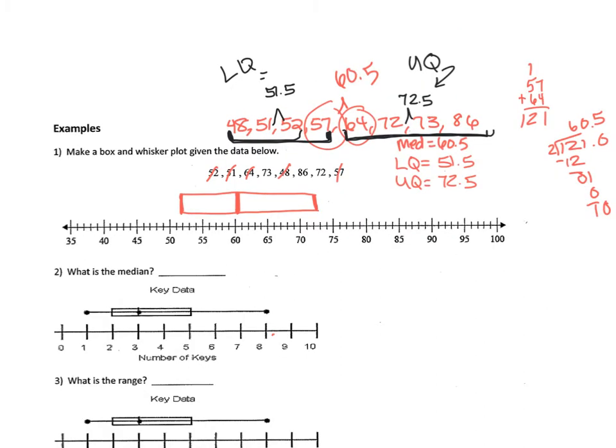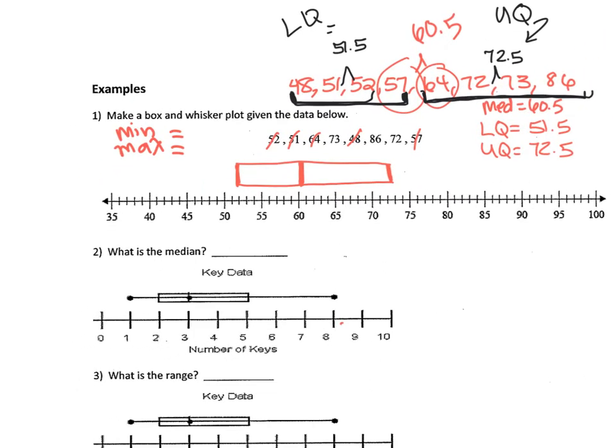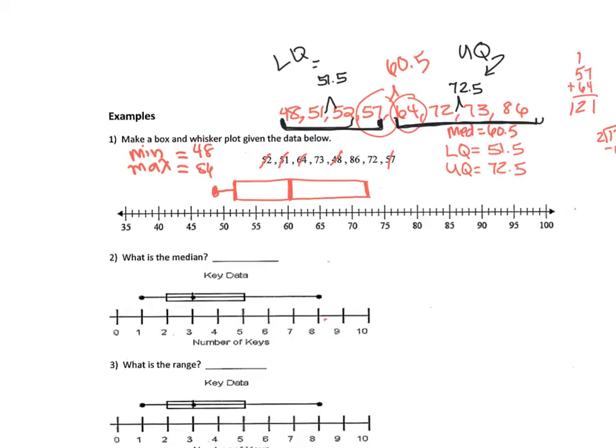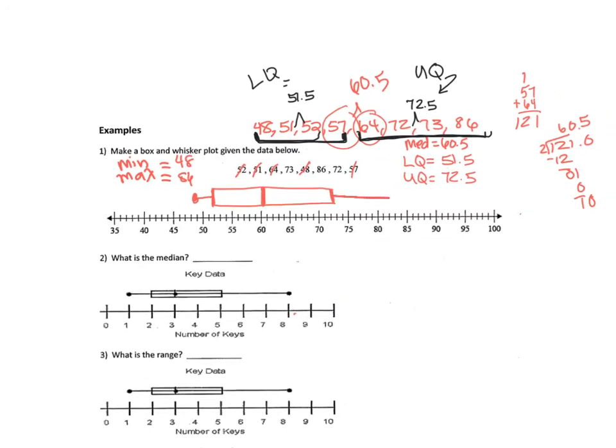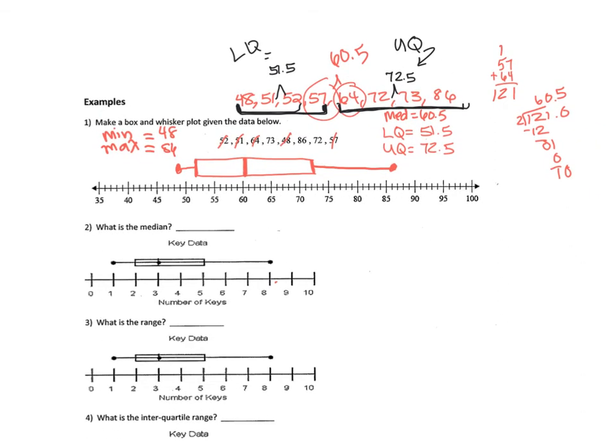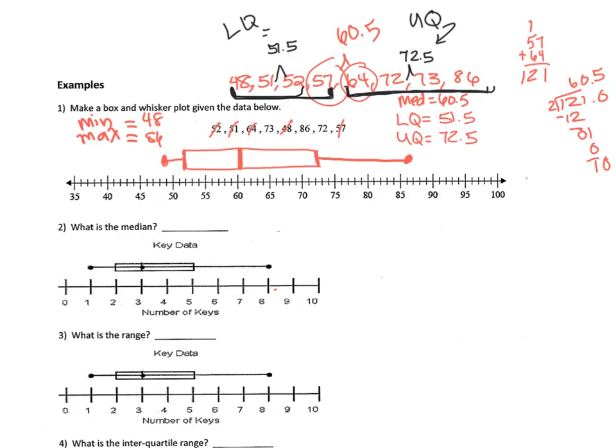Okay, so then my minimum and my maximum. I've got to make my whiskers now. So my whiskers need to be pointing out to 48 for my minimum, and my max was 86. So your whisker needs to go all the way out to 86. That's it for creating the box and whisker.